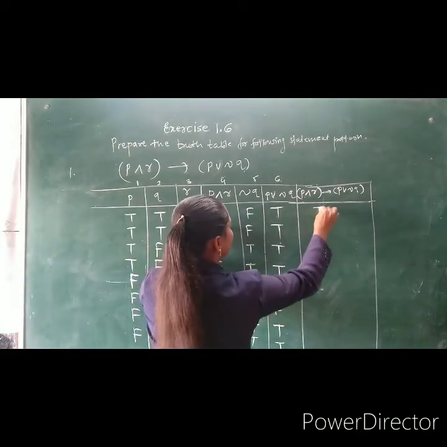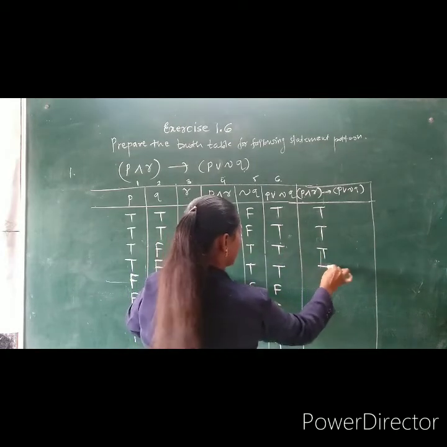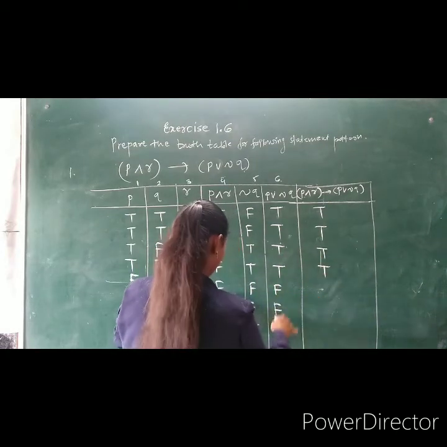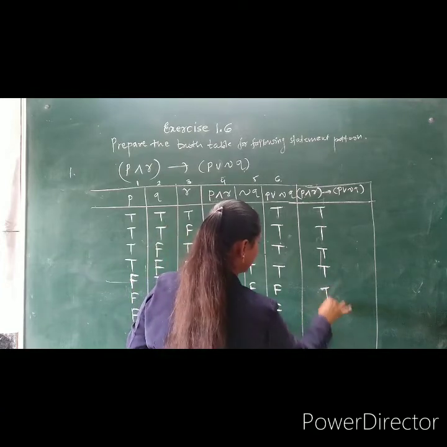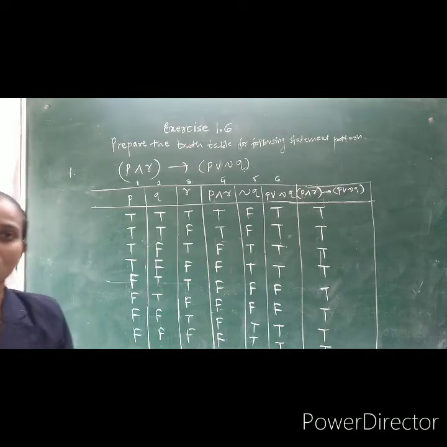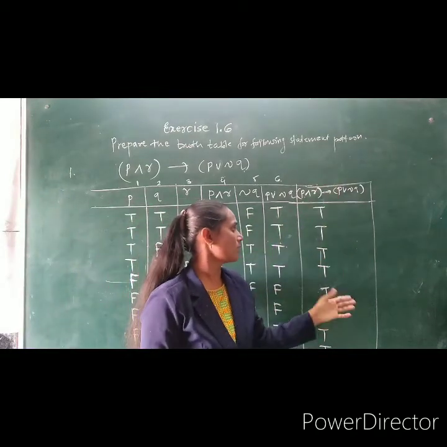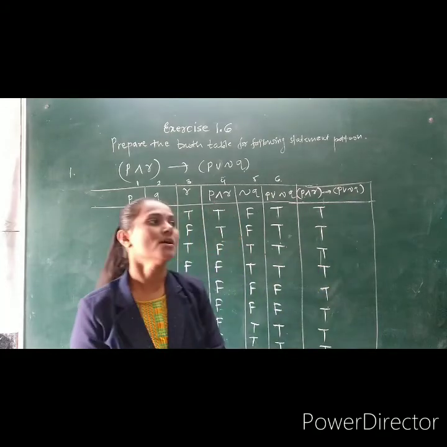So here T, T, T, T, T, T, T, T. So all entries in the last column are T. So we write from the last column, given statement pattern is a tautology.